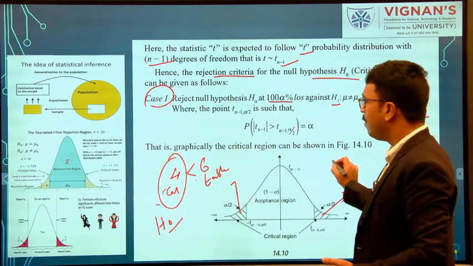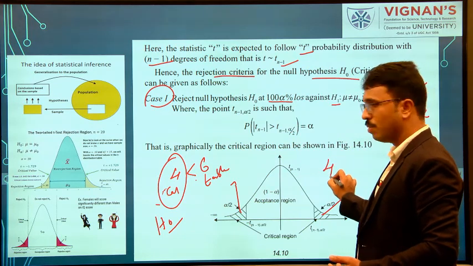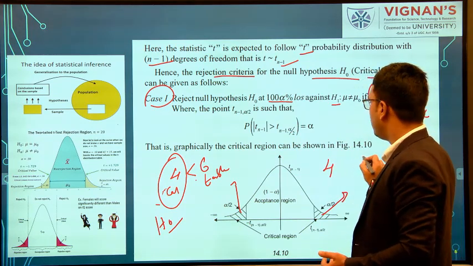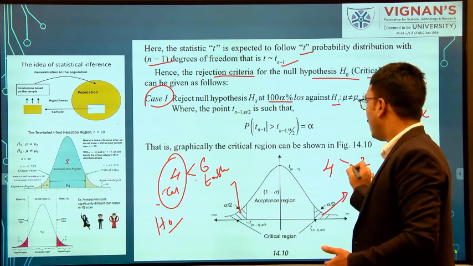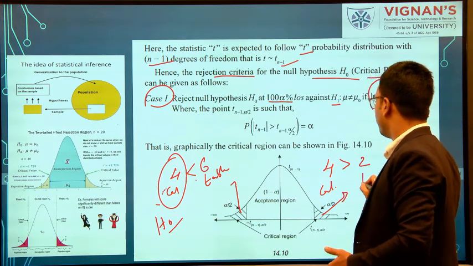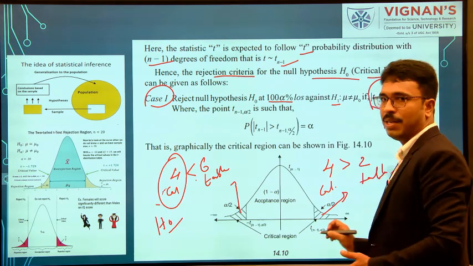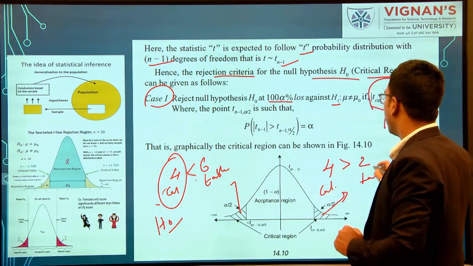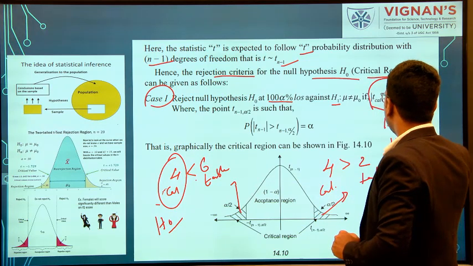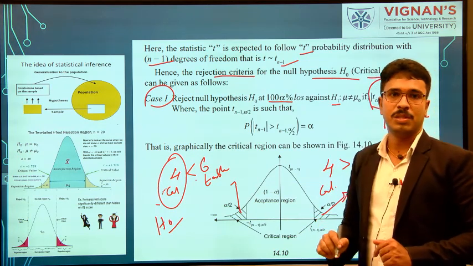Suppose the calculated value you got is 4 and the table value is 2. So which one is more here? Our calculated value is more than the table value, and this is the criteria. So in this case, we can reject this null hypothesis.